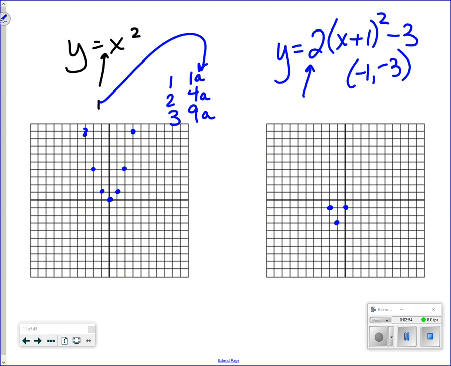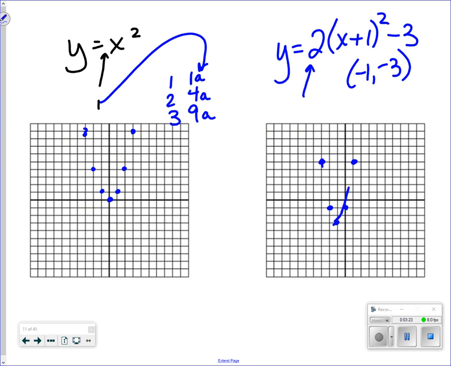If I go over 2, remember, it's 1a and 4a, so I go up 8. Maybe I should draw over 2, up 8. 1, 2, 3, 4, 5, 6, 7, 8. So that's how I'm creating my parabola.